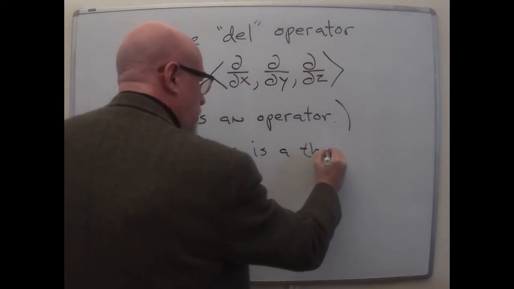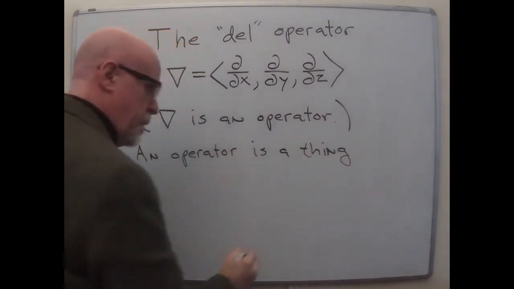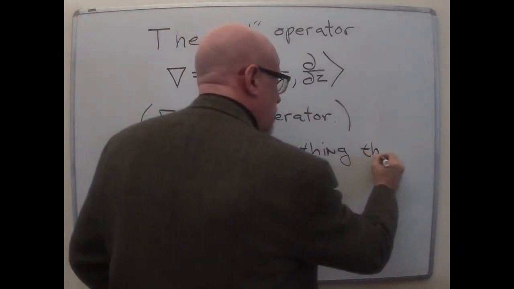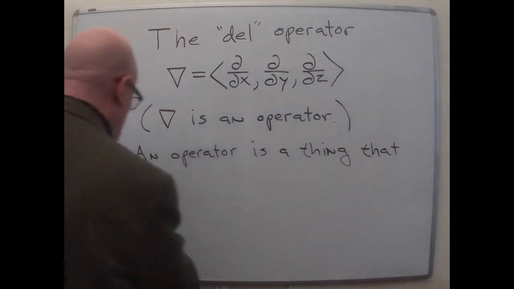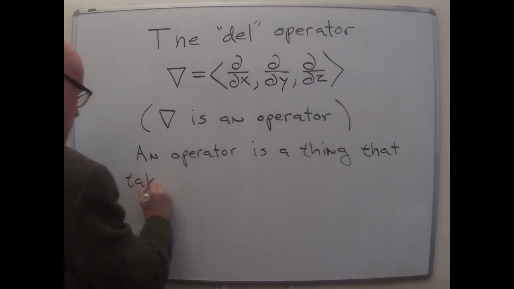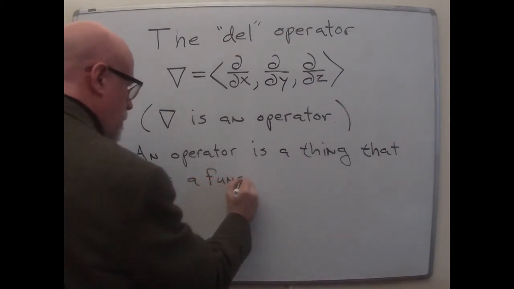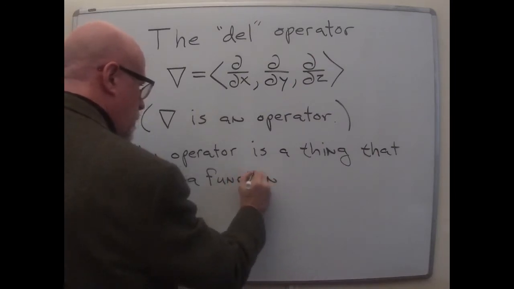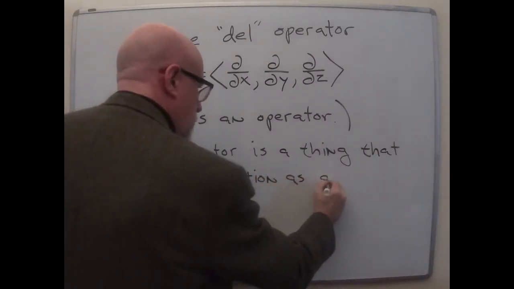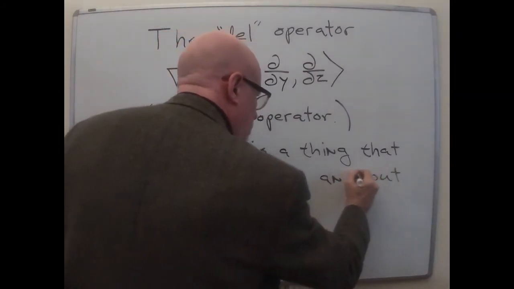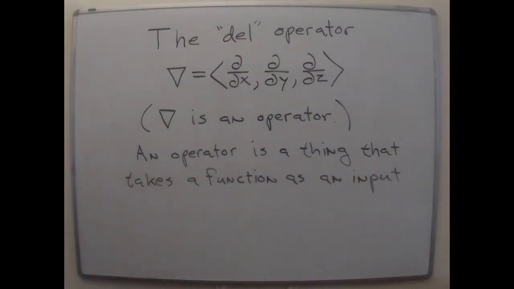So an operator is a thing that has a function as an input and produces a function as an output. Is that so much easier to say than it is to write?